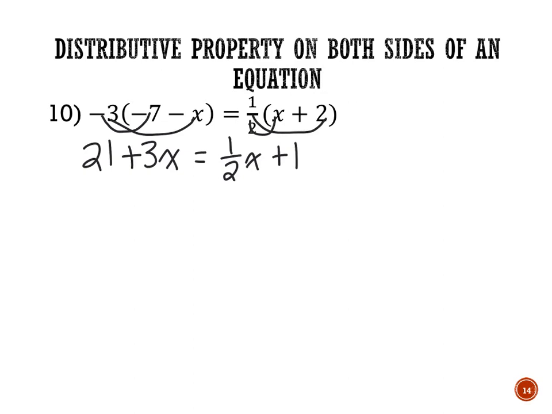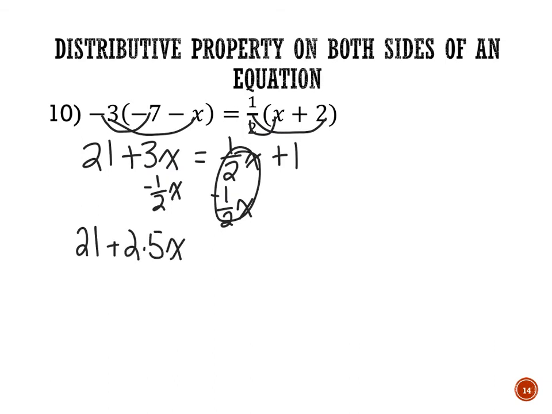I'm going to move my 1/2 x to my left-hand side. So 1/2 x minus 1/2 x gives me 0, minus 1/2 x. So I have 21, then 3 minus 0.5 is positive 2.5x equals 1. Move my positive 21 to my right-hand side by subtracting.